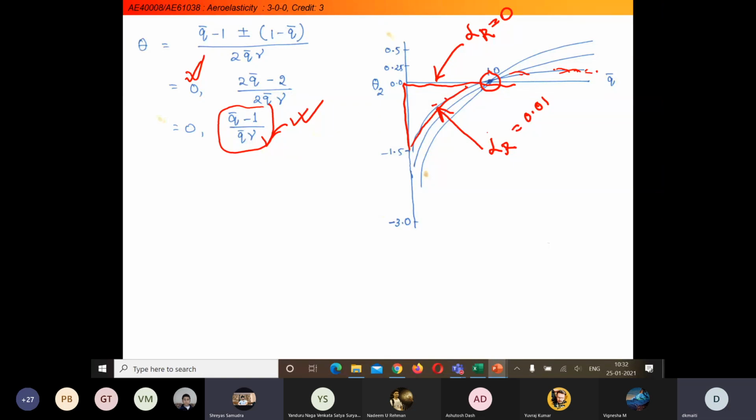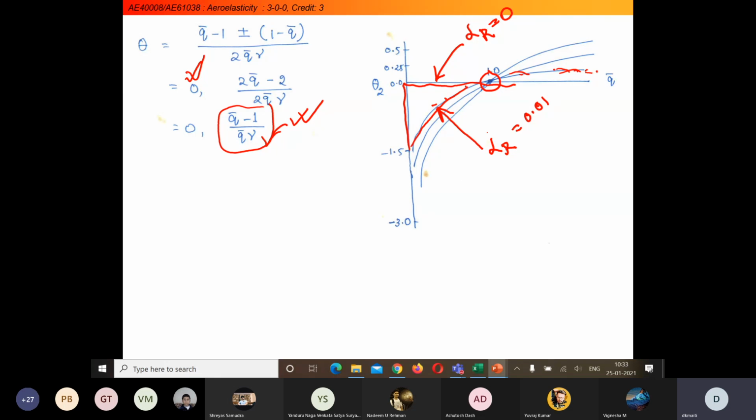In this case, whatever I have plotted is with respect to non-dimensional values, that is q bar non-dimensional. Theta we will be getting in terms of radian, as alpha r we are taking in terms of radian.